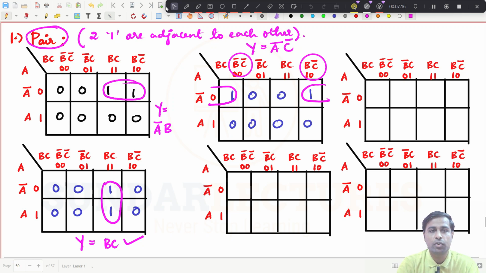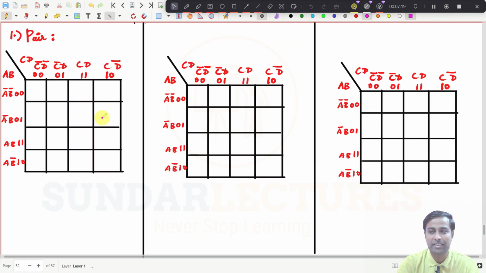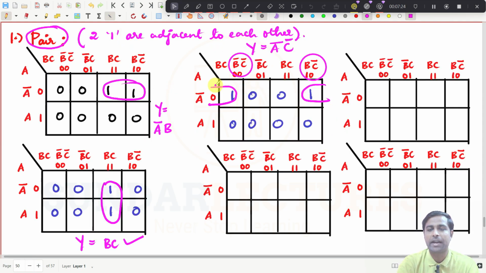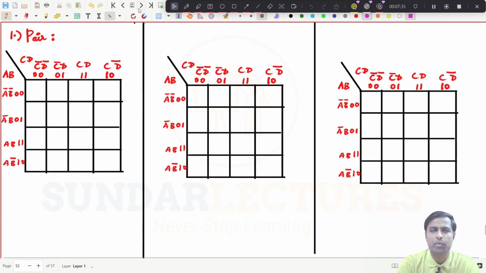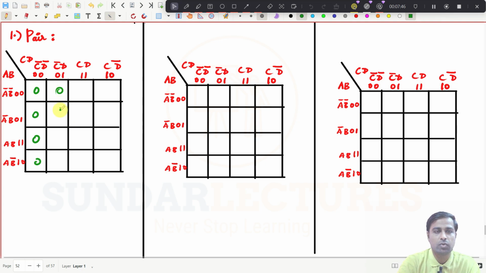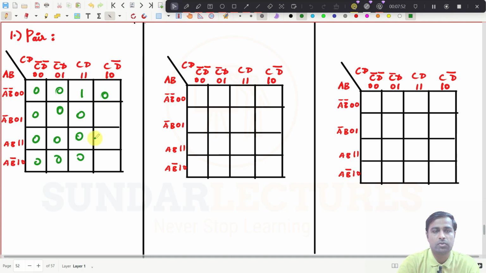Right now, if I go to a 4 variable K-map. For example, what we have done here, we have taken a 3 variable K-map and we have concluded that the outputs come like A bar C bar, BC, A bar B. One variable has been reduced if a pair is there, right? So, for example, if I am going for a 4 variable K-map, let me write the output equation, any output equation, maybe 0 0 0 0, 0 0 0 0, 1 0 0 0 0.